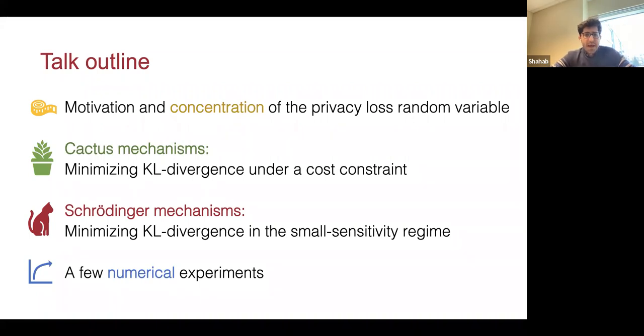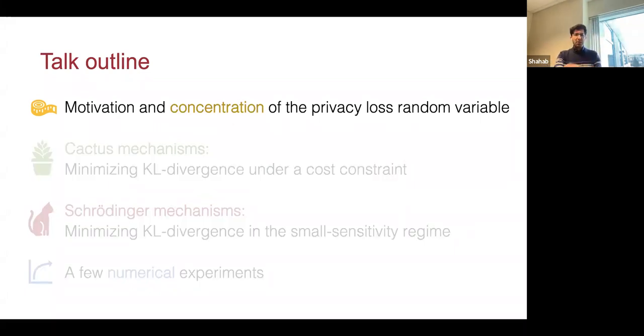After that, I will introduce another family, which we call the Schrödinger mechanism, and we argue that it will also be optimal if we add an extra assumption about the sensitivity: if the sensitivity of the queries is small, then the Schrödinger mechanism is optimal. And then I will finish the talk with a bunch of numerical experiments, which show that Cactus and Schrödinger are better than widely popular mechanisms in the community, for example, the Gaussian mechanism or Laplace.